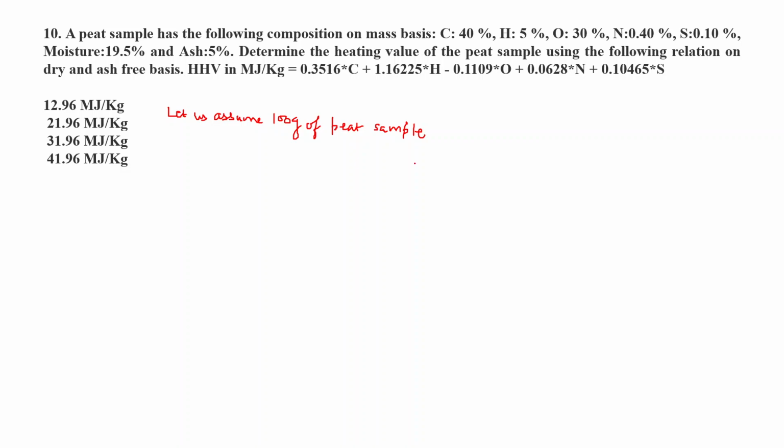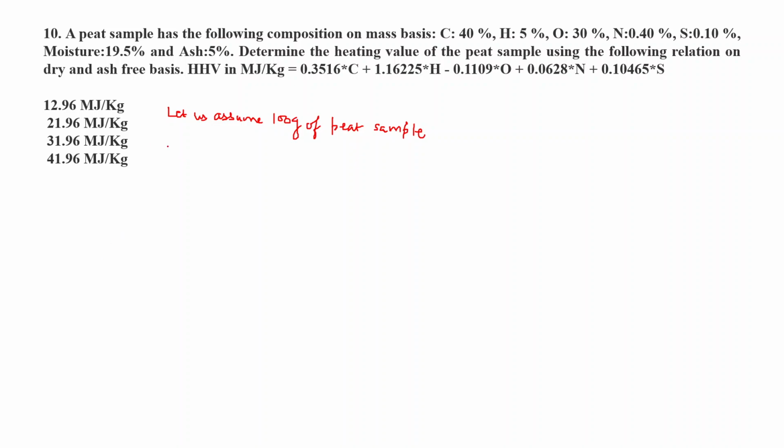If we assume 100 gram of peat sample, then we have 40 gram carbon, 5 gram hydrogen, 30 gram oxygen, 0.40 gram nitrogen, 0.10 gram sulfur, 19.5 gram of moisture, that is H2O, and 5 gram ash. So we have to find the heating value on dry and ash free basis, so excluding moisture and ash.